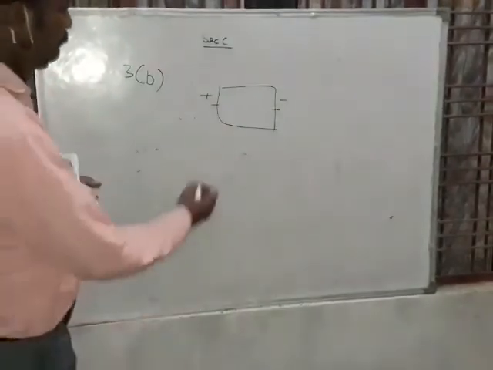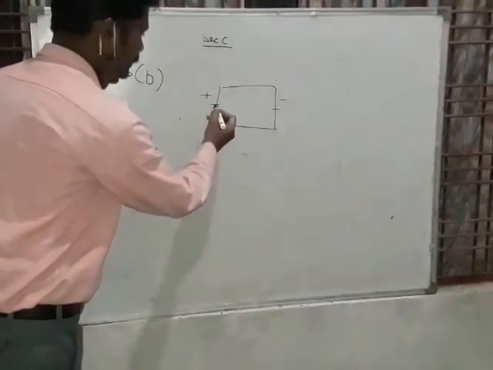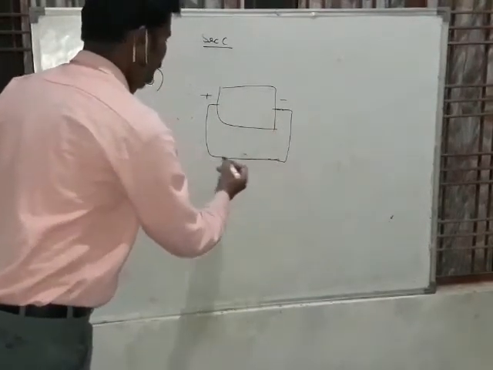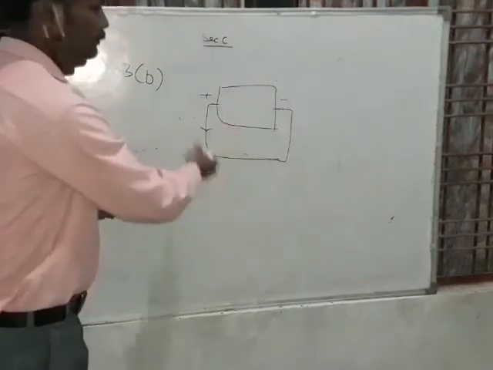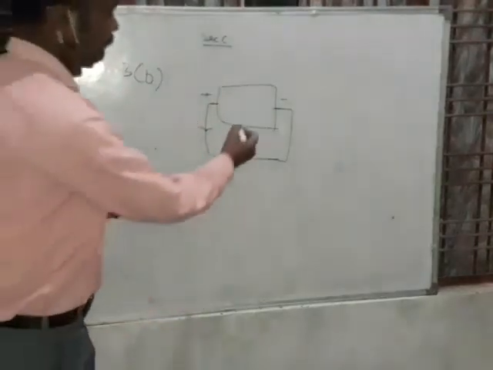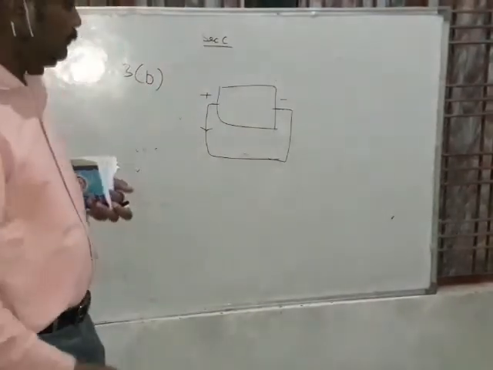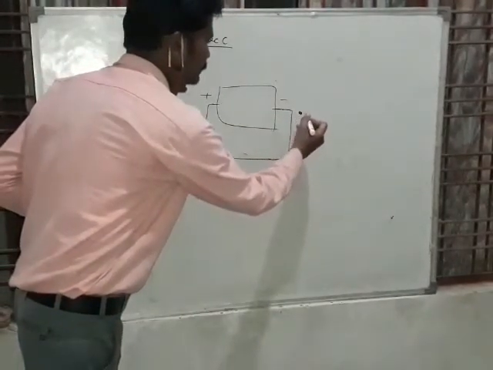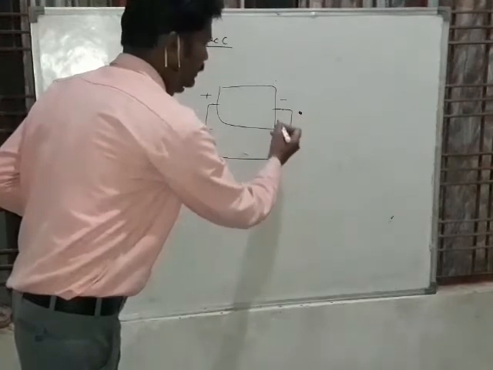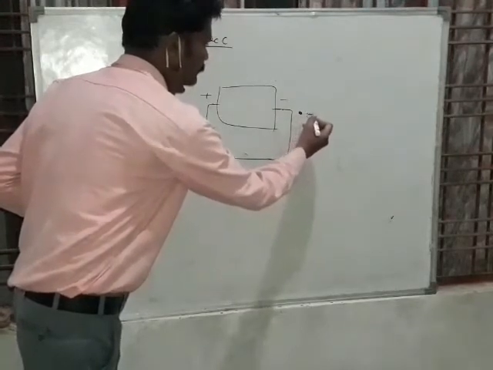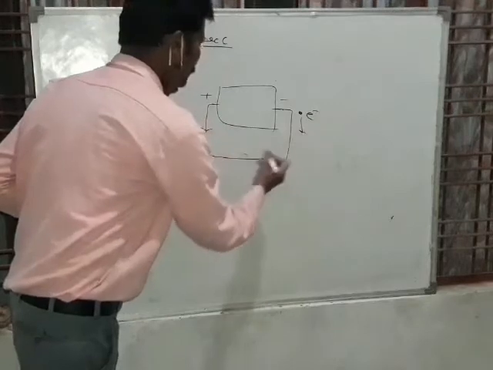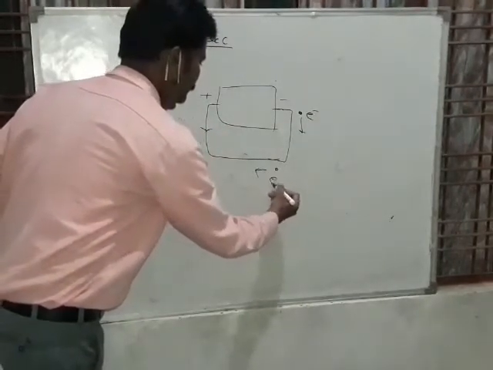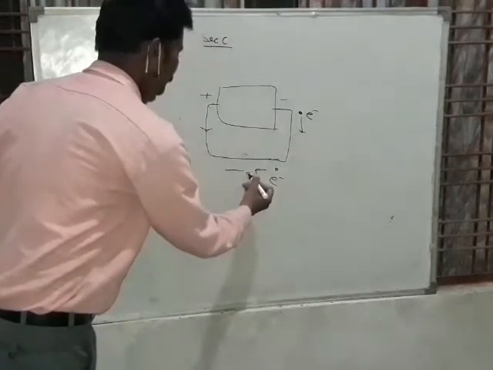By our convention, we say that electric current flows from higher potential to lower potential, means from positive terminal to negative terminal, and electrons flow from negative terminal of the battery or cell to positive terminal, like this.